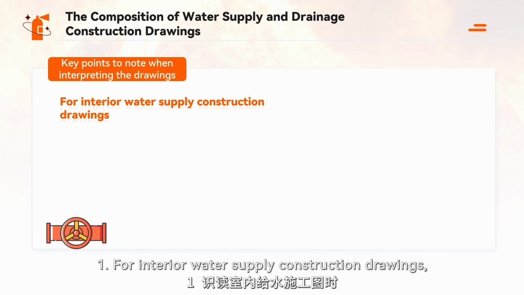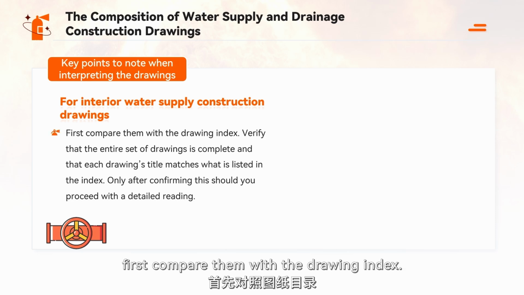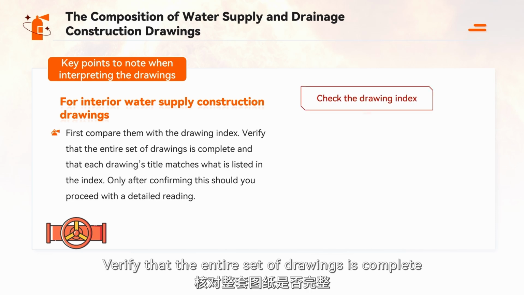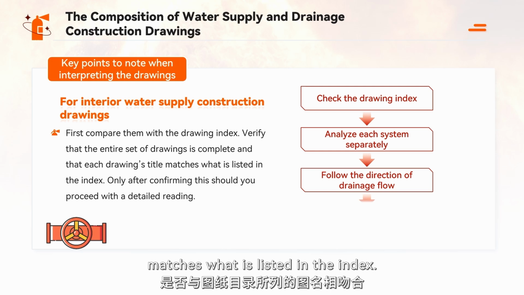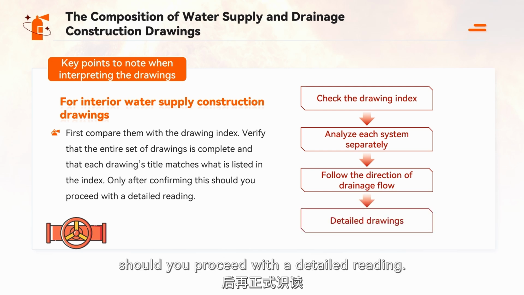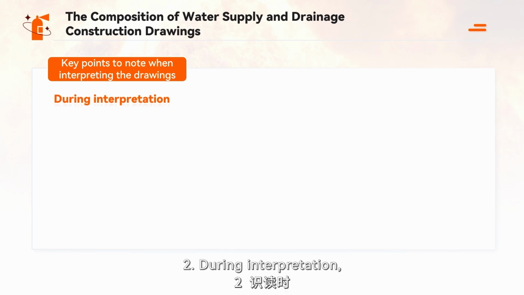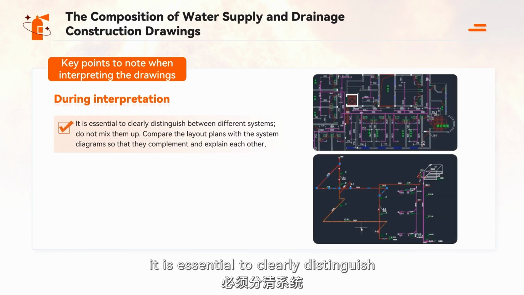1. For interior water supply construction drawings, first compare them with the drawing index. Verify that the entire set of drawings is complete and that each drawing's title matches what is listed in the index. Only after confirming this should you proceed with a detailed reading. 2. During interpretation, it is essential to clearly distinguish between different systems. Do not mix them up.